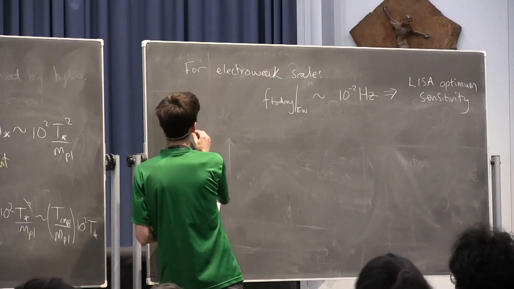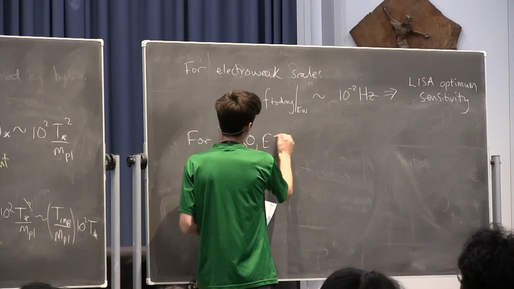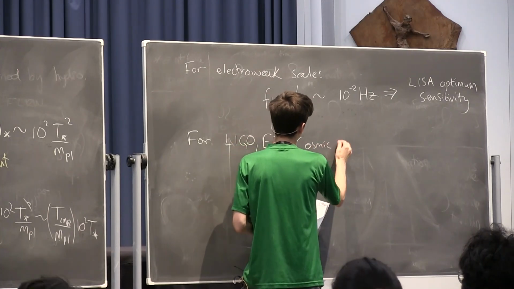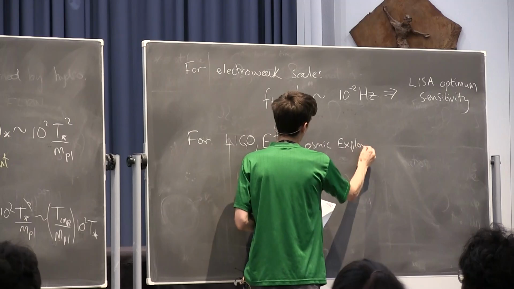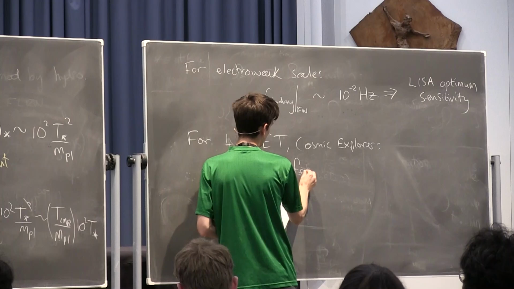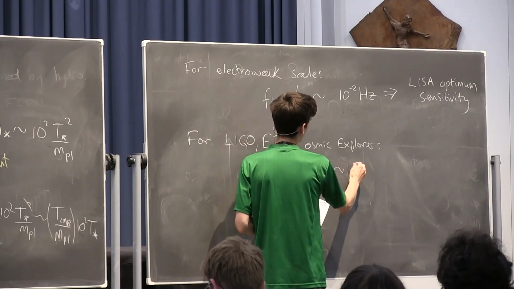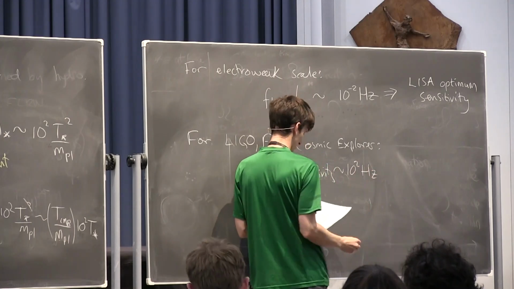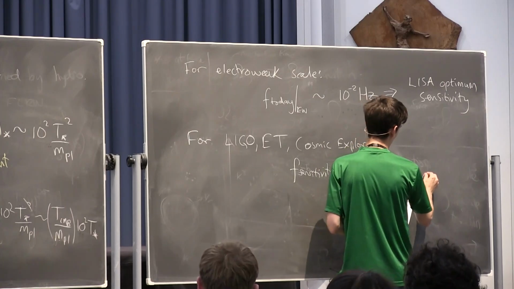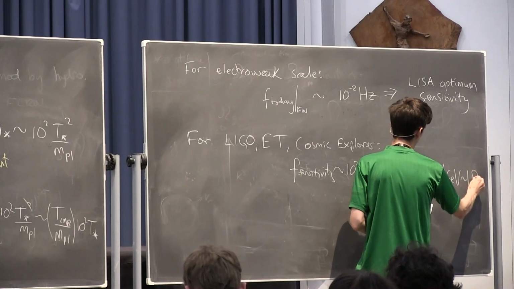So for LIGO, Einstein telescope, Cosmic Explorer, which are all ground-based, their F sensitivity, which is like 10 to the 2 hertz, implies that they're sensitive to a transition of the order of 10 to the 6 GeV, or 1 PeV.